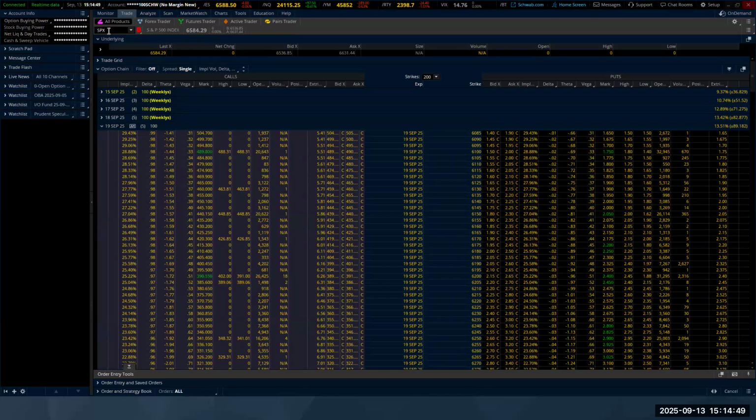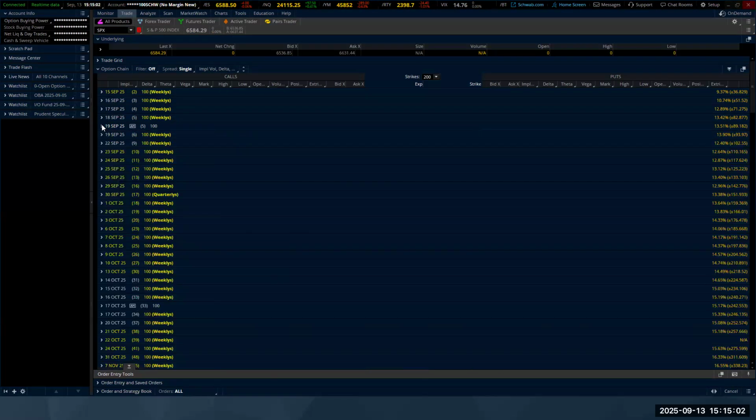Since SPX is a cash settled index, meaning you can't be assigned on it, if you have some of these and they close in the money, that option will be settled to cash, as you would with the NDX, a VIX option, or a RUT option. So you can see an AM settlement and a PM settlement.